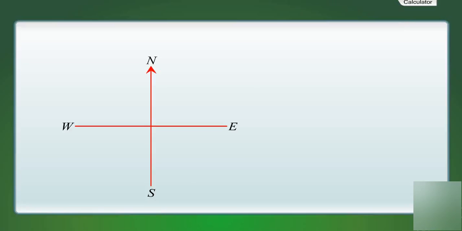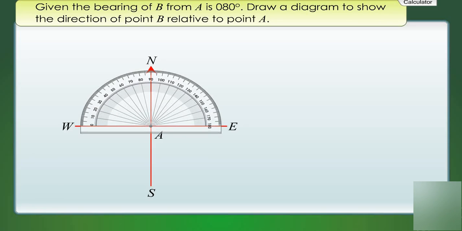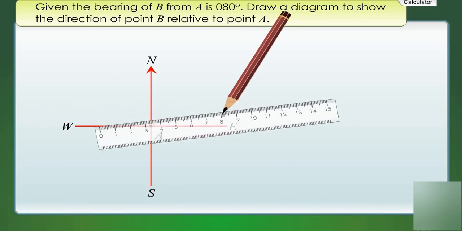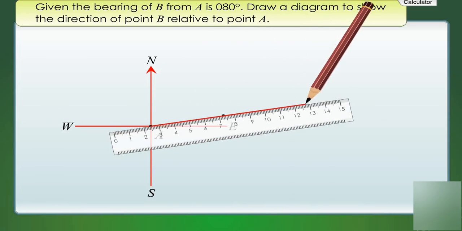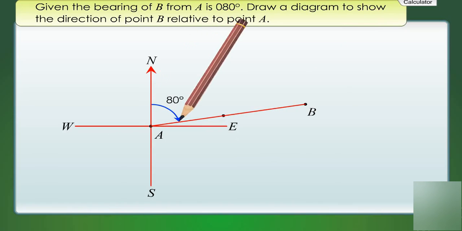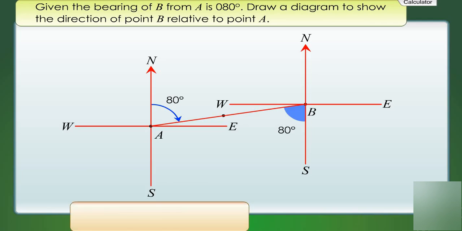Second, we learned how to draw a diagram to show the direction of point B relative to point A, given the bearing of point B from point A. Here, the bearing is also measured in degrees in a clockwise direction from the north at point A. And third, we learned how to state the bearing of point A from point B based on given information.